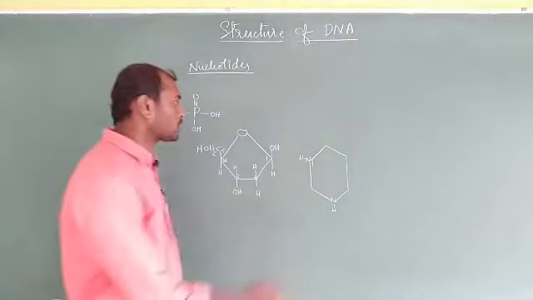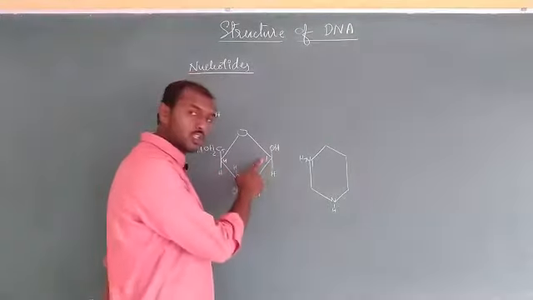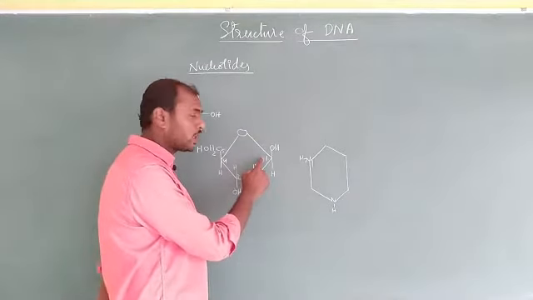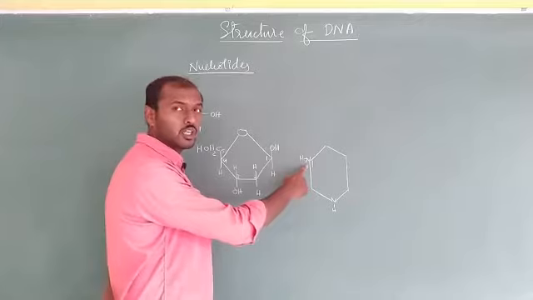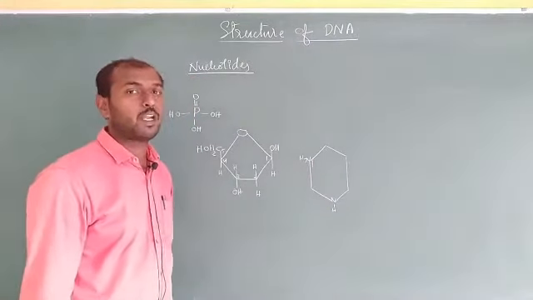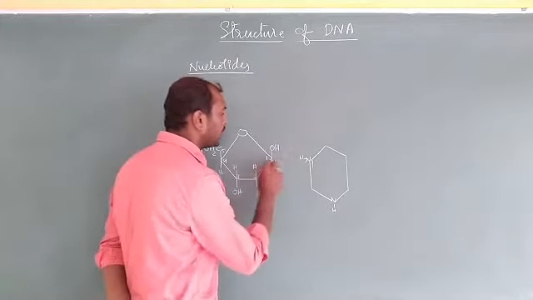Already I told you that the first carbon of the pentose sugar is going to react with the first nitrogen of the pyrimidines. So that's why we are going to get a bond here.